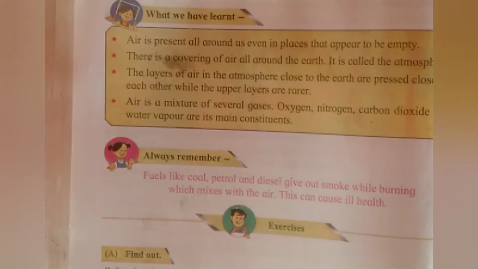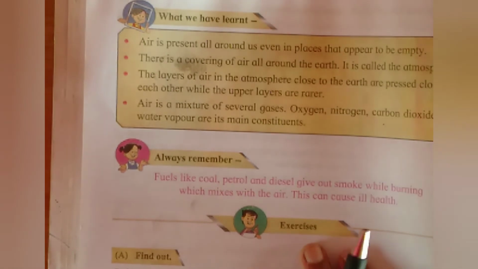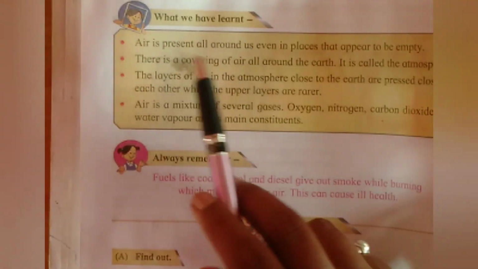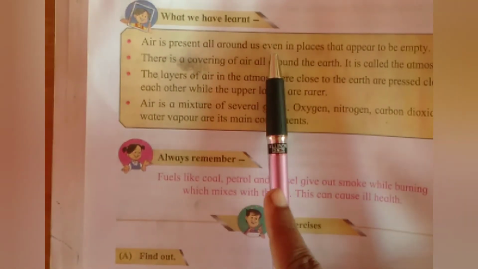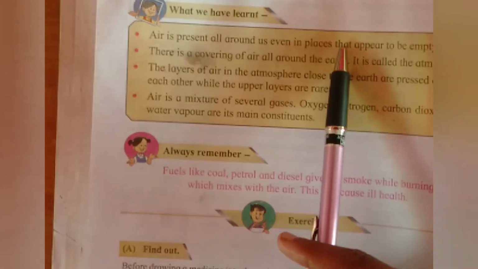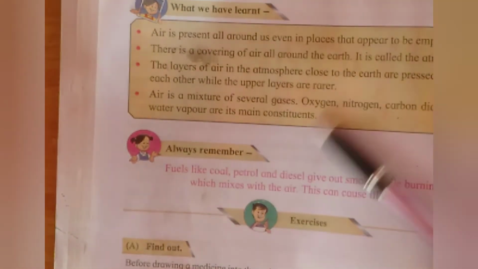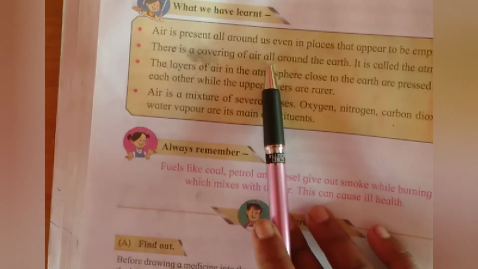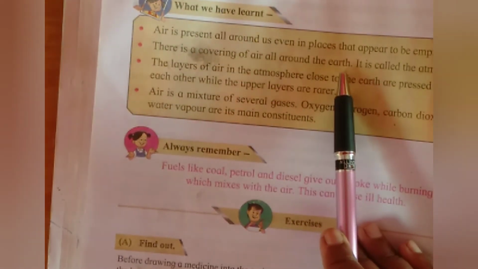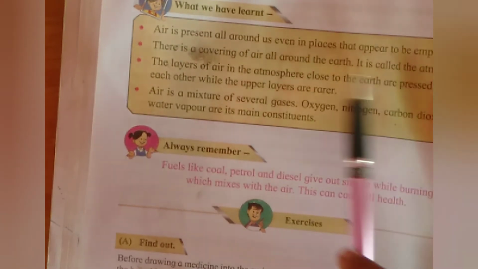Now we will see what we have learned in this chapter. First point is, air is present all around us, even in places that appear to be empty. Next point is, there is a covering of air all around the earth. It is called the atmosphere.